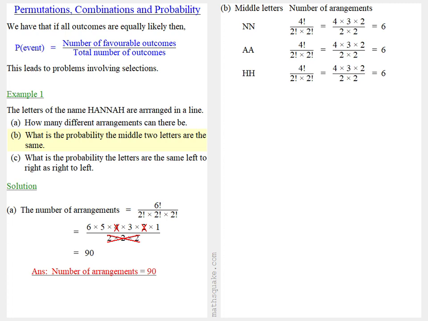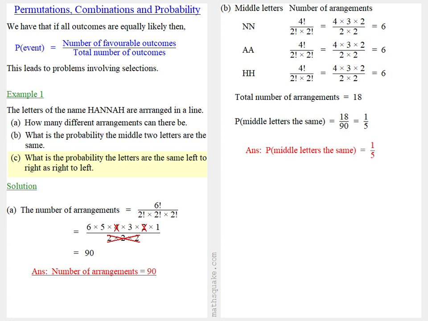And then the 2 middle letters could be H and H. This is identical: 4 letters left over, again with 2 pairs of equal letters, so we get 6 again. So the total number of arrangements is 6 plus 6 plus 6, which is 18. So the probability the middle letters are the same is 18 over 90, which cancels down to give 1/5.